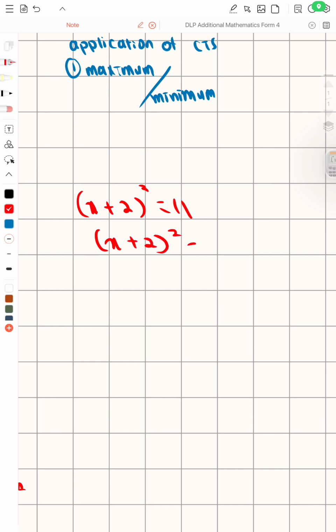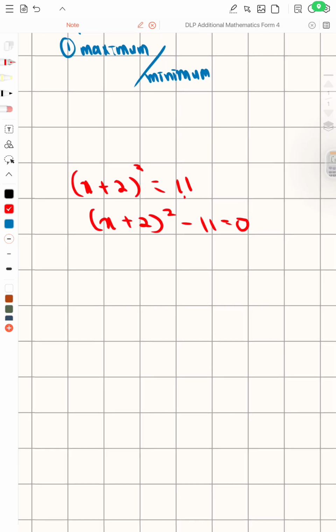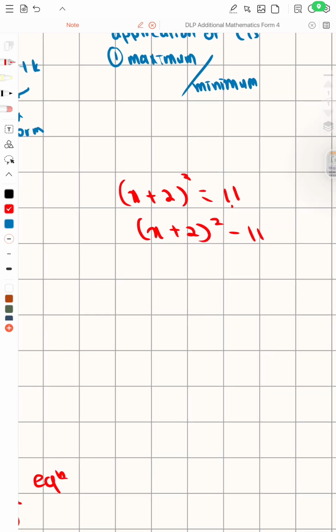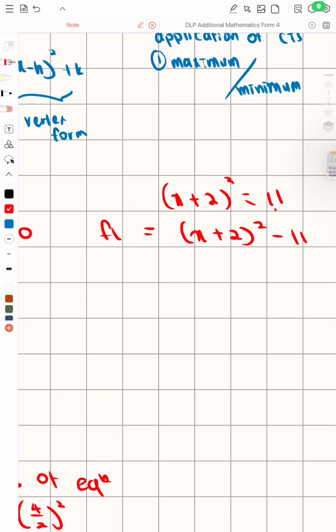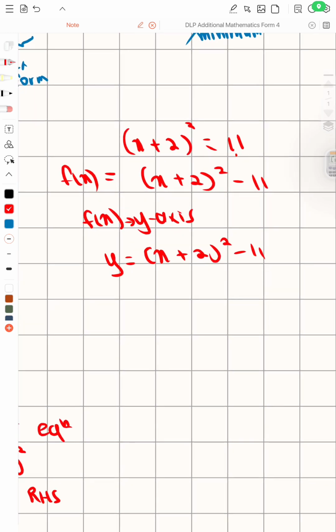So it will become negative 11 equals to 0. So now then, actually, this equation belongs to the function of fx. So what are fx? Fx are typically located on y-axis, right? If you remembered. So you can change the fx into y.